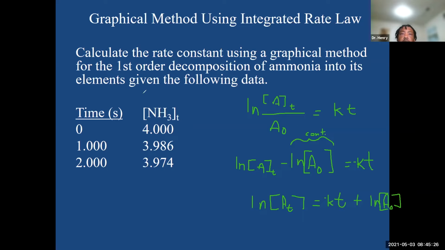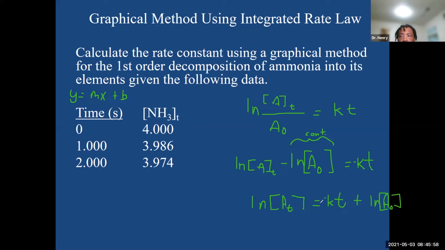You guys remember what is the generic formula for a line? y equals mx plus b, right? So if we look at this equation here, we basically have a formula for a line.